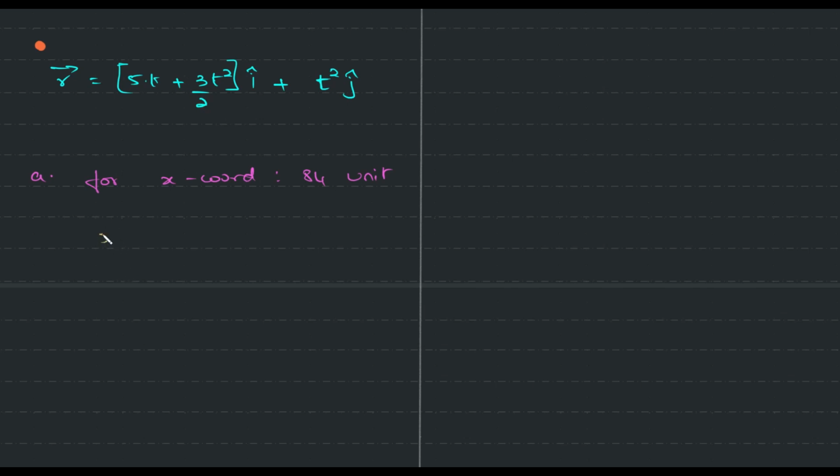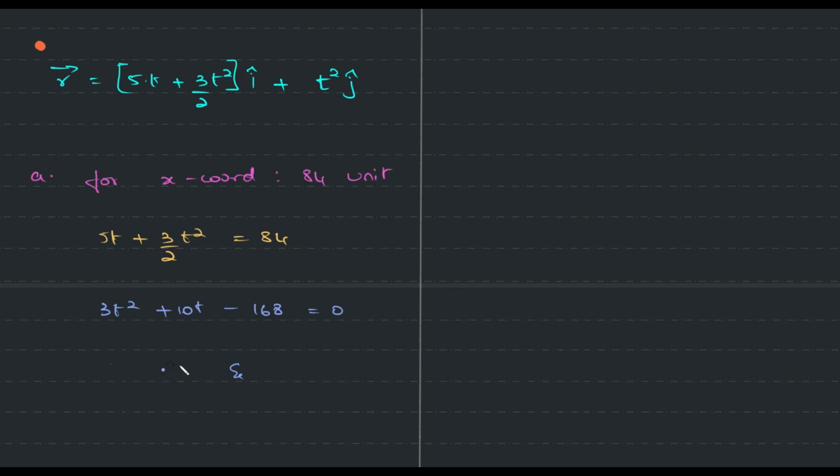So we have 5t plus 3 by 2 t square is equal to 84. Simplify this and you'll get 3t square plus 10t minus 168 is equal to 0. You need to factorize. I'm not going to do the factorization over here.